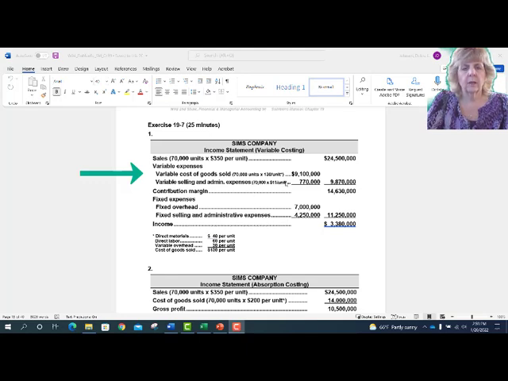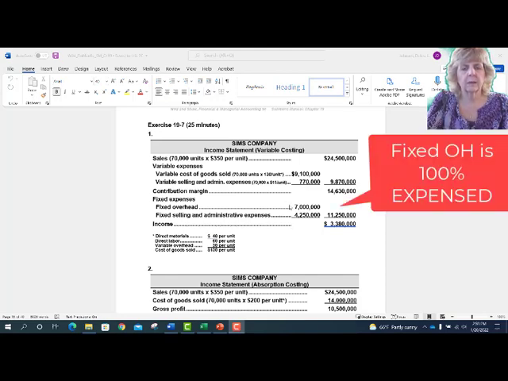We took out the variable selling and administrative expenses at $11 a unit, calculated this all familiar contribution margin that we've spent so much time on in the past few weeks, and then took out the fixed overhead, which was 100% expensed.